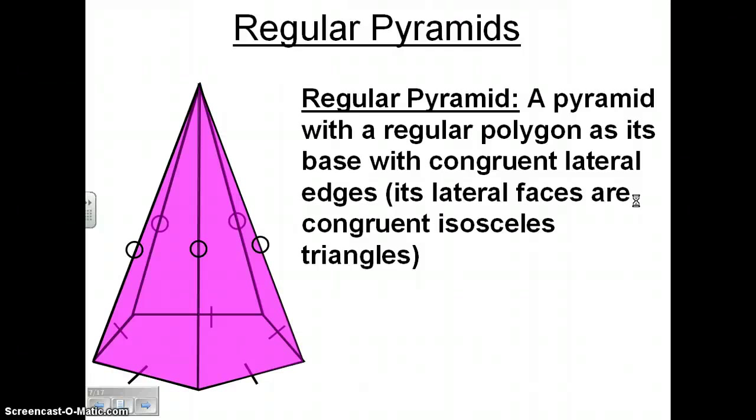Also, what you need to know about a regular pyramid is that it has congruent lateral edges. So its lateral faces are always congruent isosceles triangles. Again, a pyramid with a regular polygon as its base has congruent lateral edges, and its lateral faces are congruent isosceles triangles.